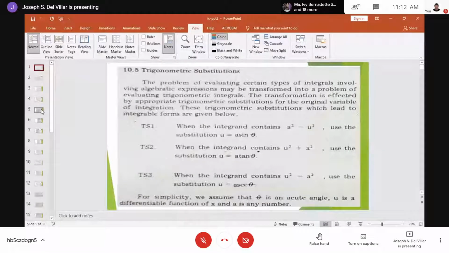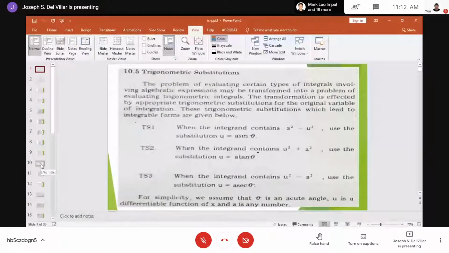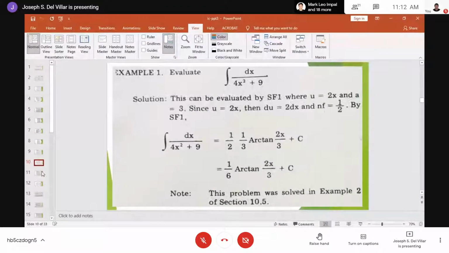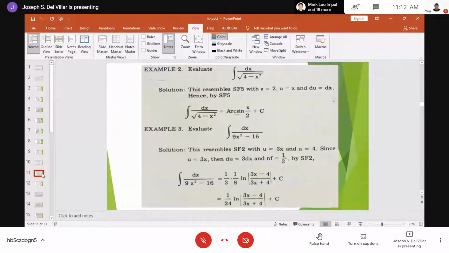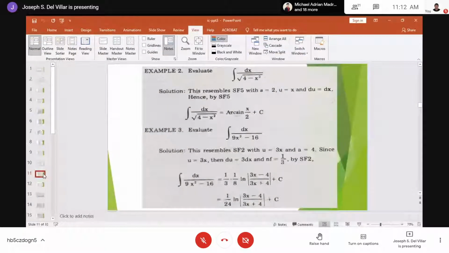Our u here is 3x. So let 3x be equal to 4 sine, 4 sine.